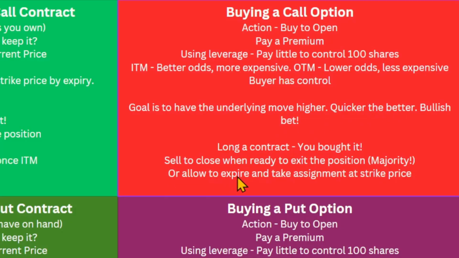You can allow this to expire naturally, or take assignment at the strike price, right? So we have a strike price, as we'll see, associated with this. If we wait this period out until we get to that expiration date, it's going to either expire because it's out of the money, worthless, or if it's in the money, it will be assigned to you based upon the strike price that you agreed to.